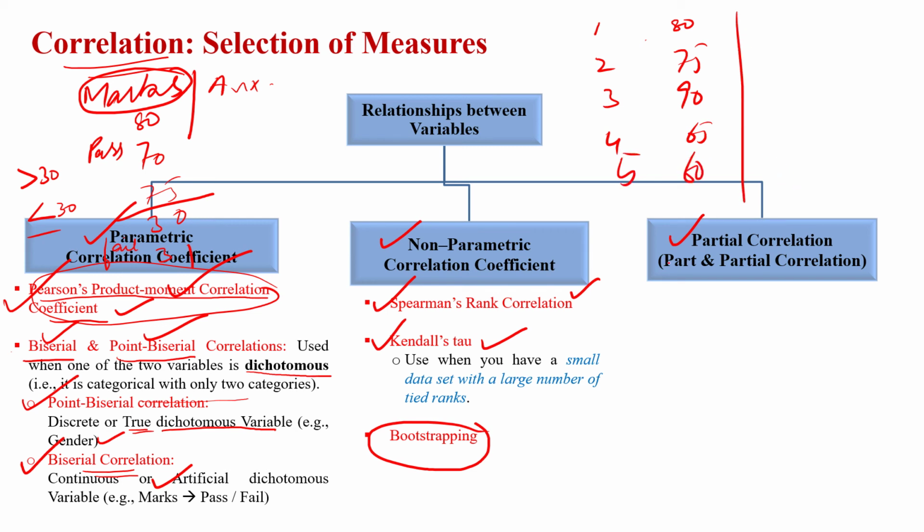Now I want to generate samples, so I apply bootstrapping, which generates samples with replacement. If I want to generate 5 more samples based on these 5 respondents, out of these marks it will pick 5 numbers with replacement.